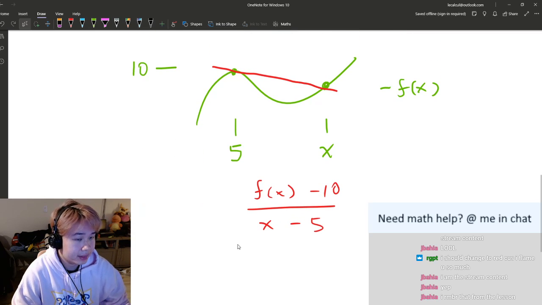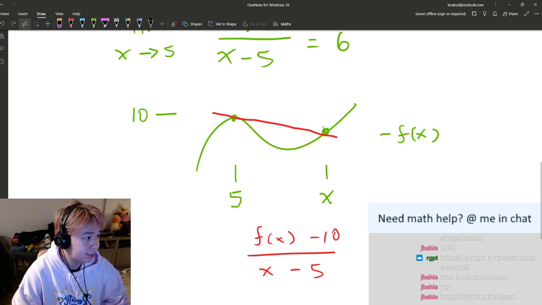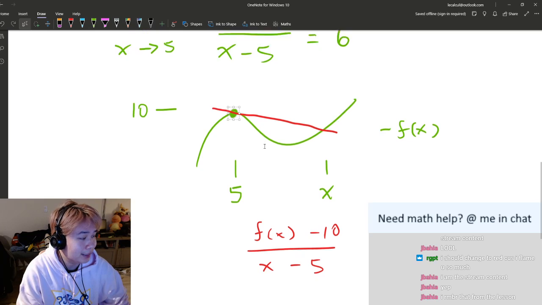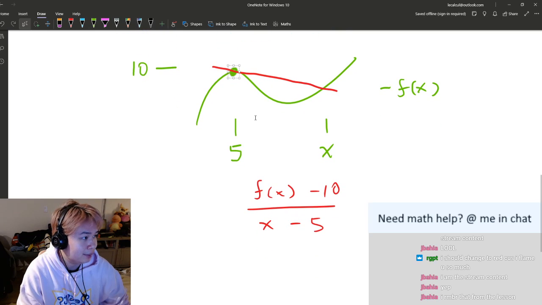Now, if you want a tangent slope, essentially you take this point and then you move it closer and closer to the other point until eventually they overlap. Now, obviously it's impossible to calculate slope from one point because there is no change in x. You would divide by 0, but that's why limits are there.